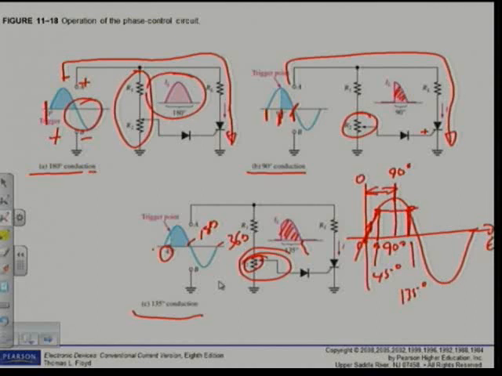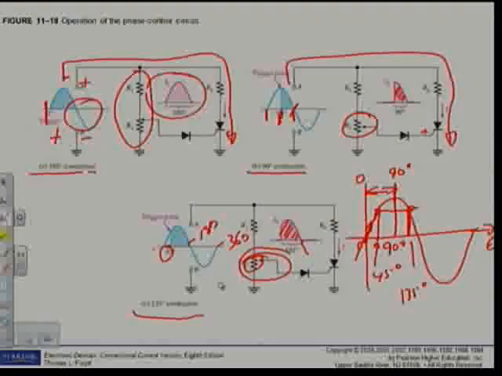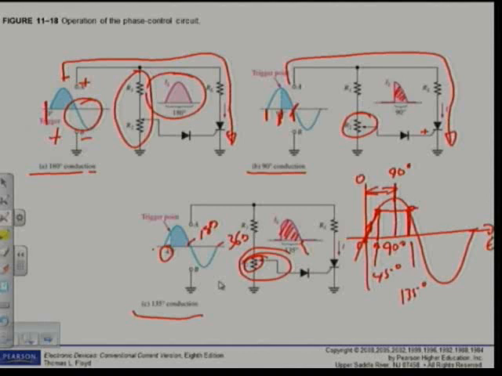All right, let's go and have a look at this example. Example 11.4 on page 564. They state, show the voltage waveform across the SCR in figure 11.19 from the anode to the cathode, in relation to the load current for 180 degrees, 45 degrees and 90 degrees conduction.